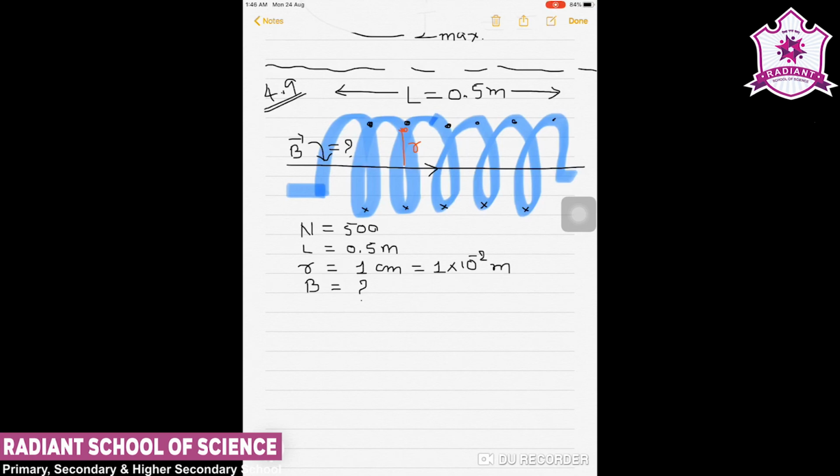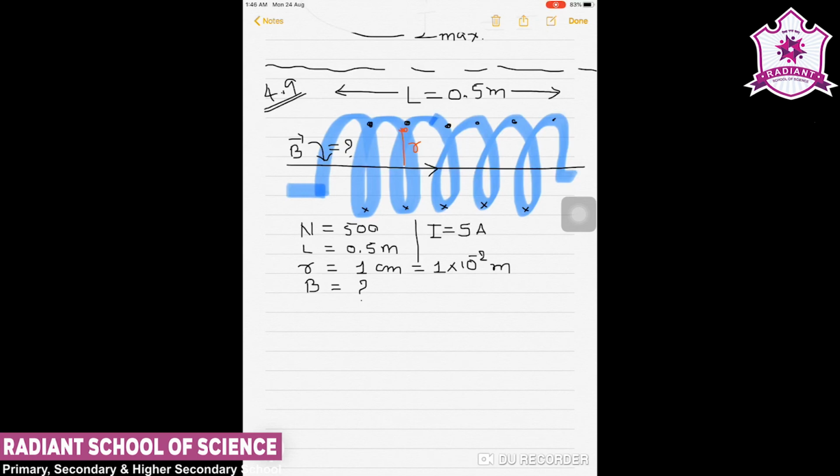Now we are also given that the amount of current is 5 ampere, and we have to find out the magnetic field inside this solenoid.